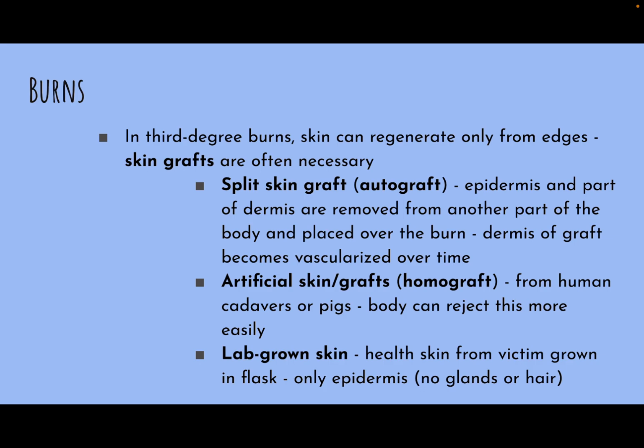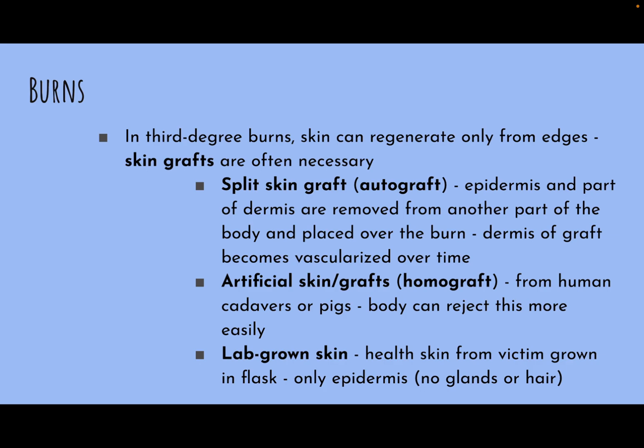There's a couple different kinds. First, they're called split skin grafts or autografts. This is when you take a part of the skin from your own body and replace the burned area. So, you're getting that donor from your own skin. Homografts you get from maybe human cadavers or from person to person.